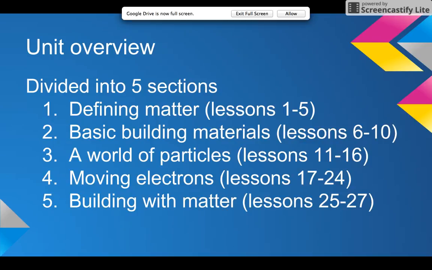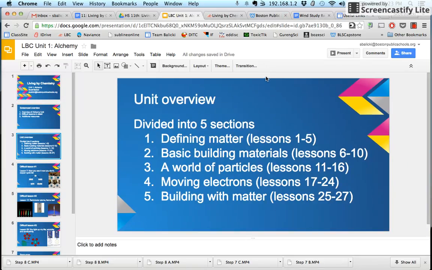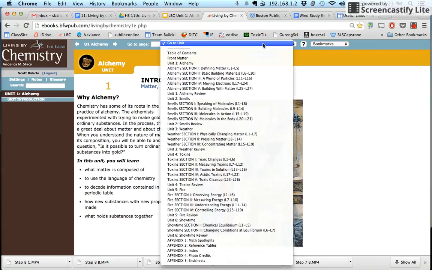Electrons are focused on in section 4, lessons 17 through 24. And then we go to section 5, where we talk about building with matter, and start talking about some macro and micro properties.